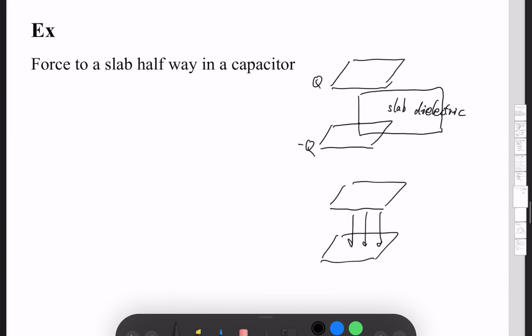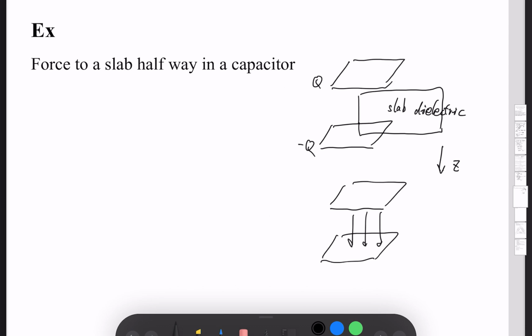And now if you add additional dielectric material, it seems that the force felt by this material should be only in the z direction, the direction pointing below. But is that really the case?